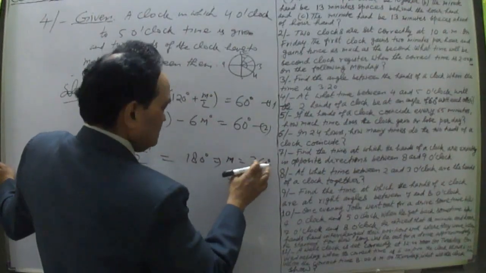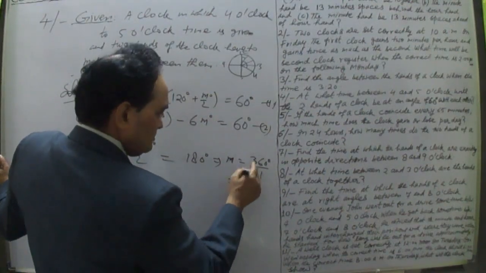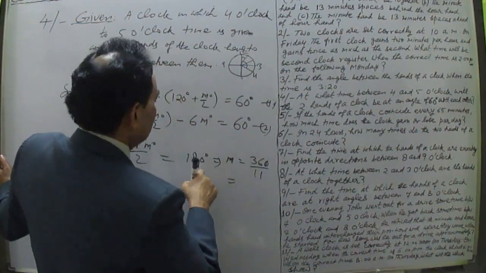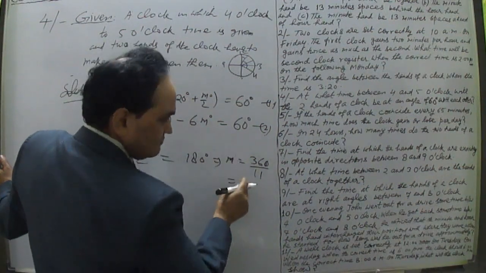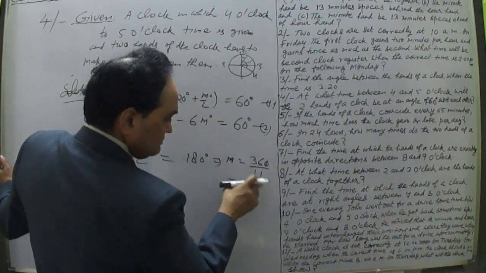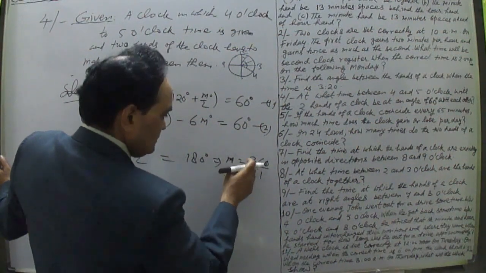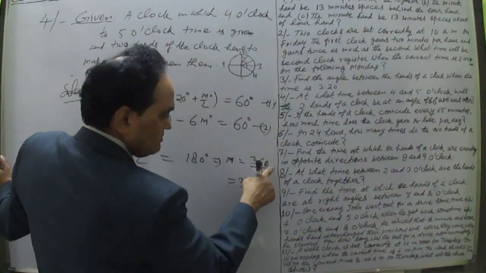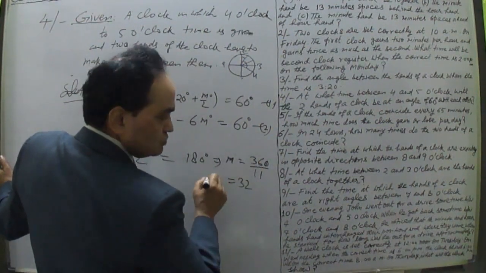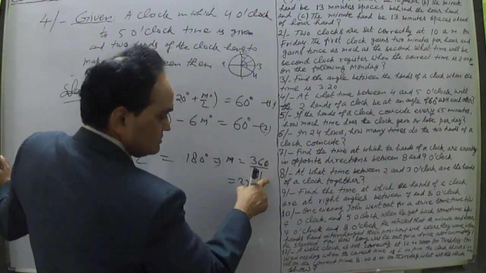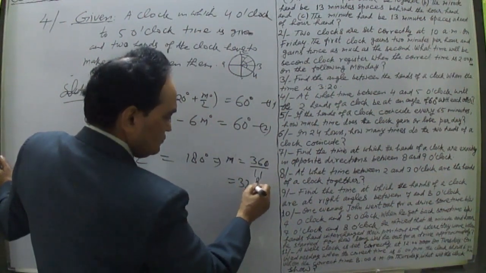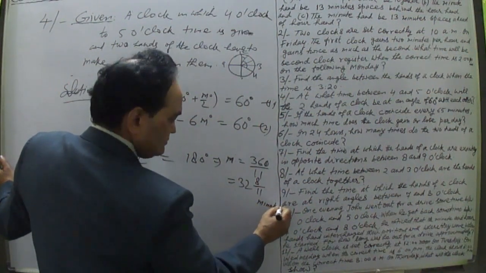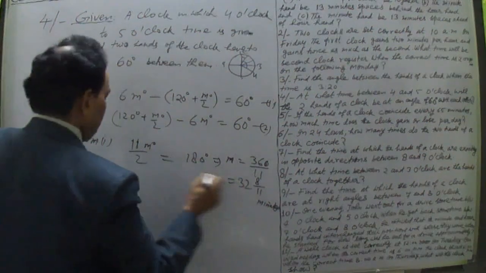So this will give us 360 divided by 11. 11 threes are 33, 3 remaining, 30, 11 twos are 22, and then 30 minus 22 is 8 upon 11 minutes. With this many minutes past, this is one value of m.